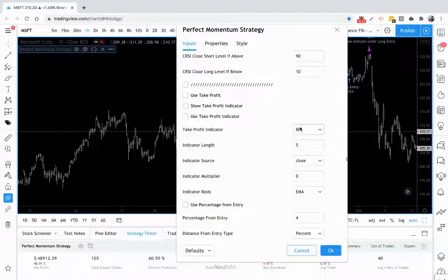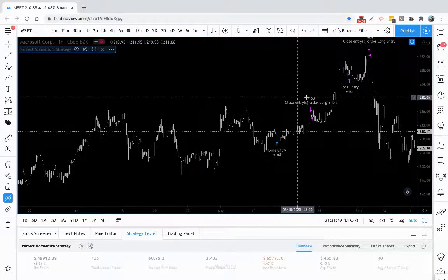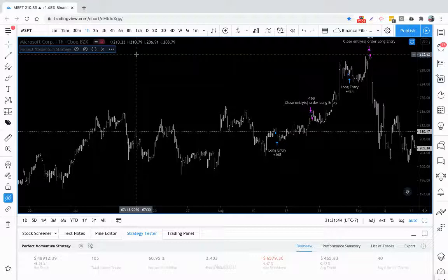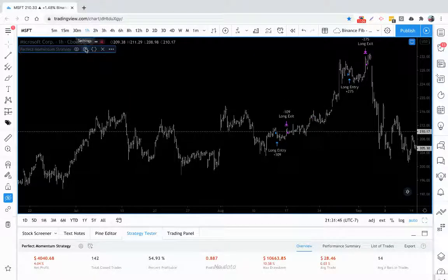You can take profits via Bollinger Band exits, if price exits a Bollinger Band or exits a Keltner channel. Let me show you how that works. So right now, if we have a Bollinger Band with a 5 multiplier, we're going to show it pop up on the screen here in a second. The strategy just needs a second to calculate.